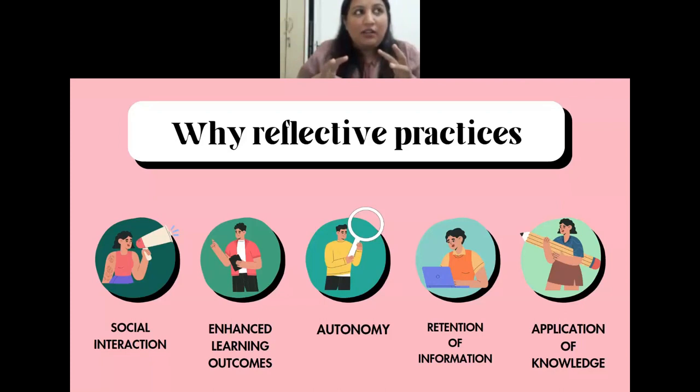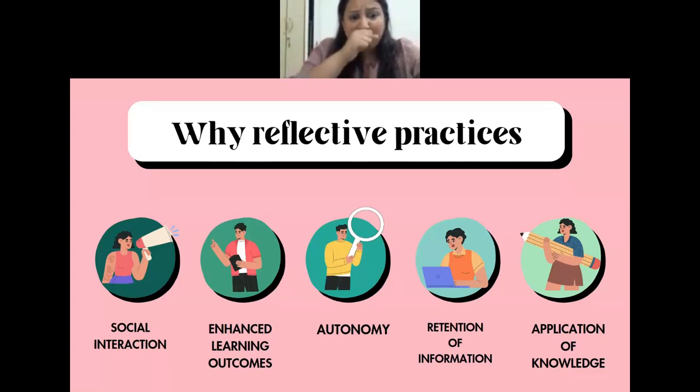In this process, it encourages them to think deeply about the scientific method, they learn from their experiences, and they can also refine their approach to future experiments. So, that was one of them.